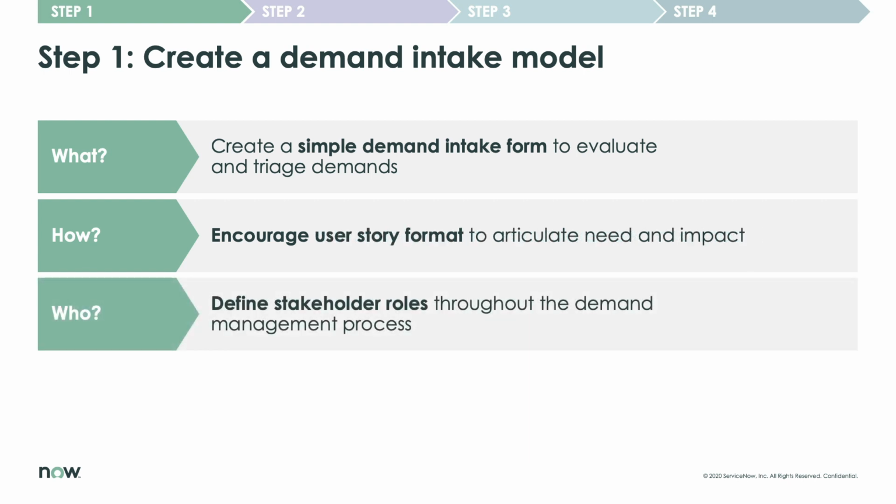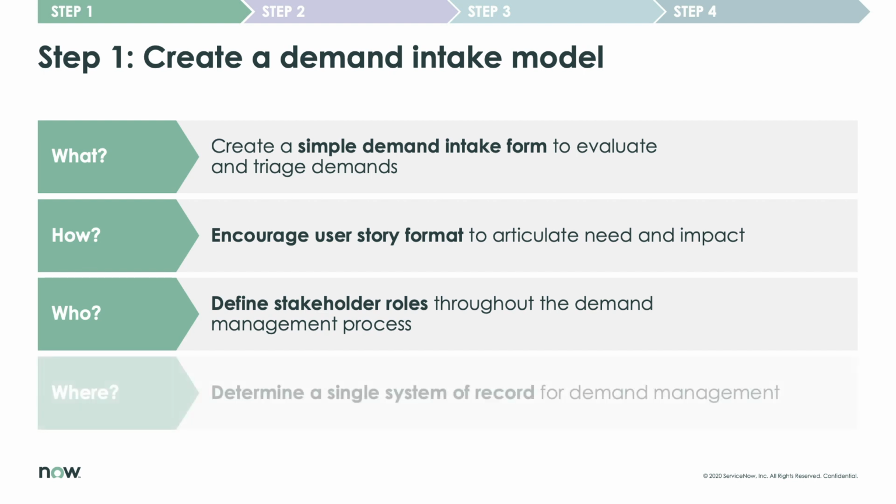Define key stakeholder roles like requesters, demand owners, business and technical stakeholders, and a demand board, which will provide governance and strategic direction, ensuring demands align to business objectives. Lastly, make sure to define a single source of truth for all demand management activity.